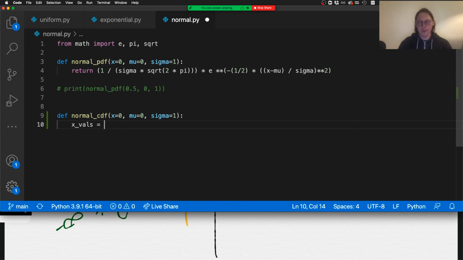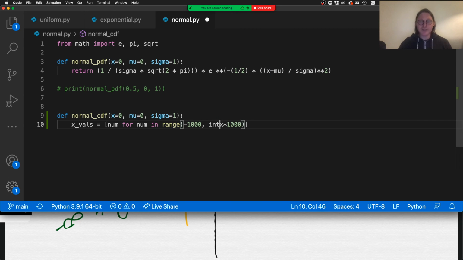And it's going to be num for num in range negative 1,000. So I'm going to go from negative 1,000. We're going to assume we're not escaping. We're not going to have a mu of negative 5,000 or something. We're just going to assume we're going from negative 1,000 up to x times 1,000.